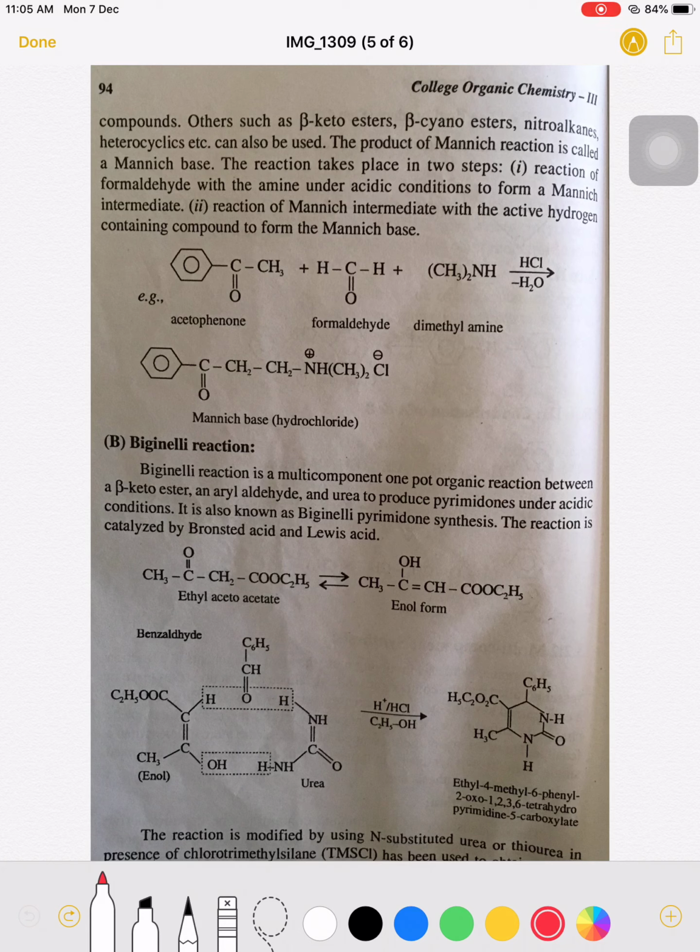So in the Biginelli reaction we have the product pyrimidones. This pyrimidone is obtained by mixing beta ketoester as an active methylene compound, aryl aldehyde and urea. When these three compounds are mixed in acidic condition, we get pyrimidones as a product. This reaction is catalyzed by Bronsted acid and Lewis acid.